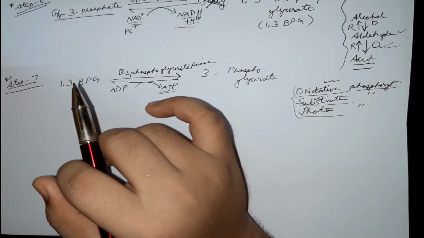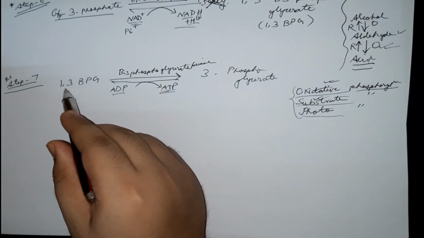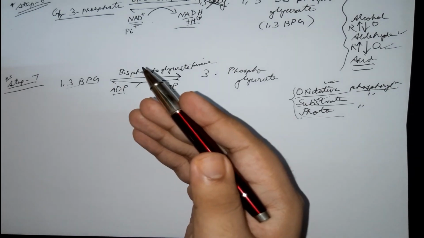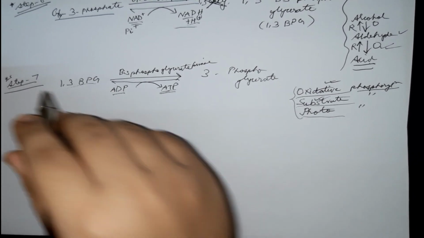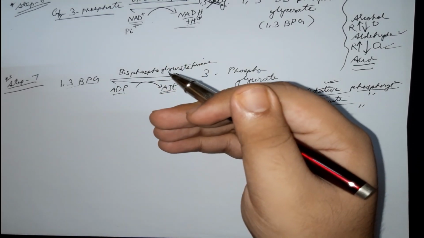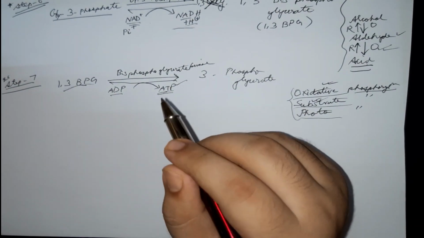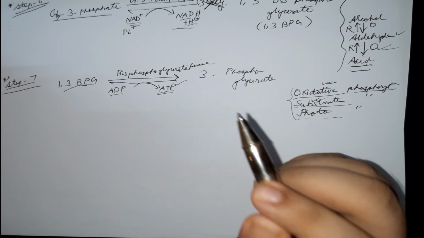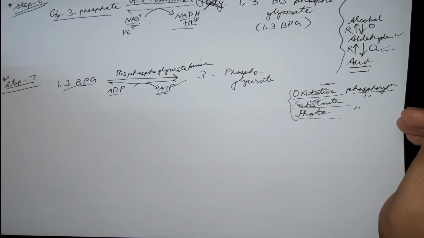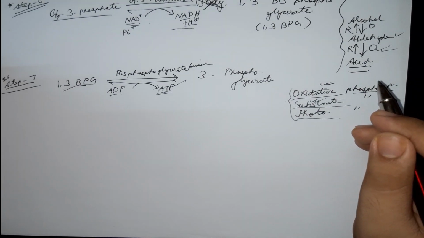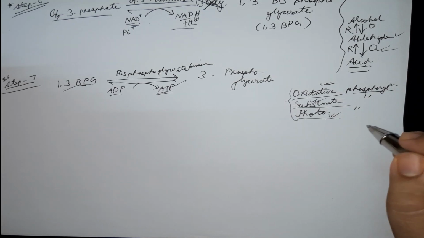This here is an example of substrate level phosphorylation, where we can already see the substrate was 1,3-bisphosphoglycerate. 1,3-bisphosphoglycerate actually donated one of its high energy phosphate bonds to ADP directly. So ADP got its phosphate to form ATP directly from the substrate. Hence, this is known as substrate level phosphorylation. The last one is photophosphorylation, which is not related to us humans, it is related to botany, that is the plants. Plants utilize photophosphorylation.